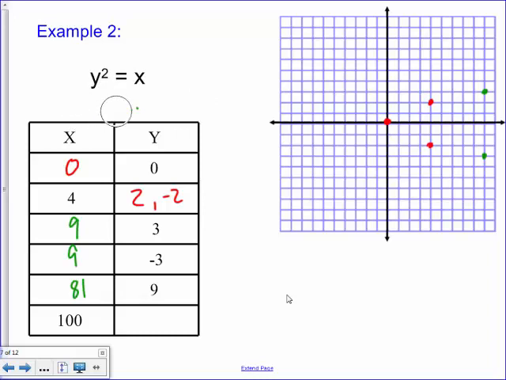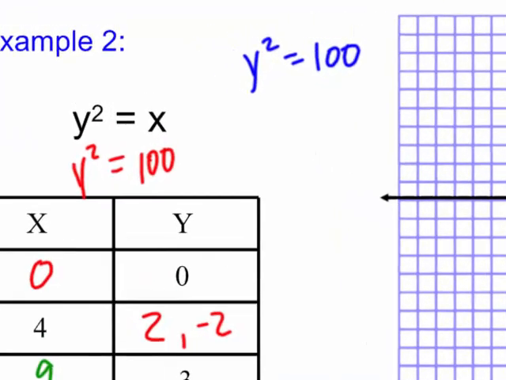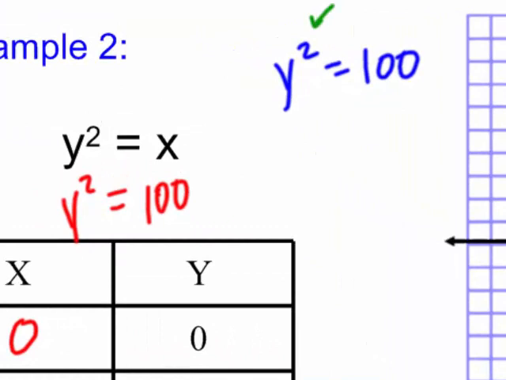Well, let's think about what we've been doing. If I plug 100 in for x, then that equals y squared. I should get 10 and -10. What actually happens here, and we'll learn this in just a few sections, is that if I really wanted to solve for y, right now I'm squaring y. Whenever we want to get a variable by itself, we do the inverse of what's being done. And what's the inverse of squaring? Square rooting. And whatever I do to one side, I do to the other.